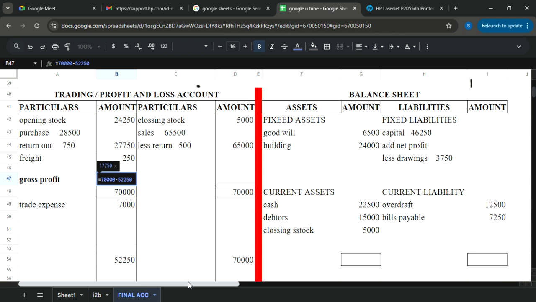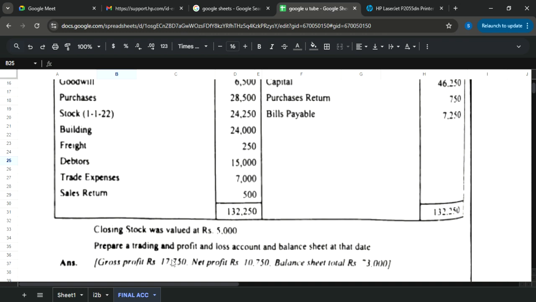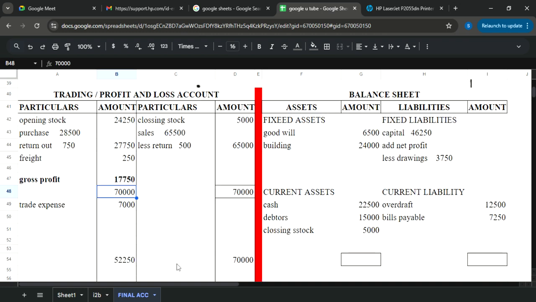All right, guys. So we have got, look here, 17,750 gross profit. It means the first answer has been completed.